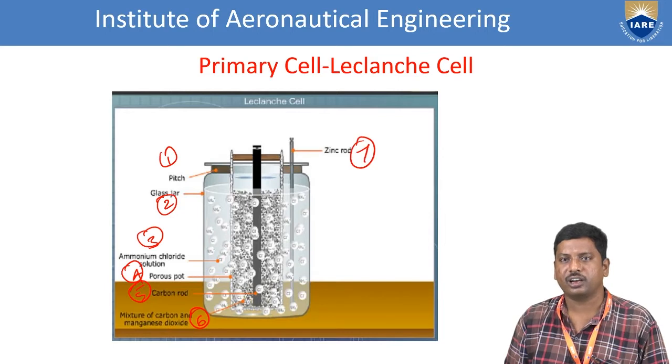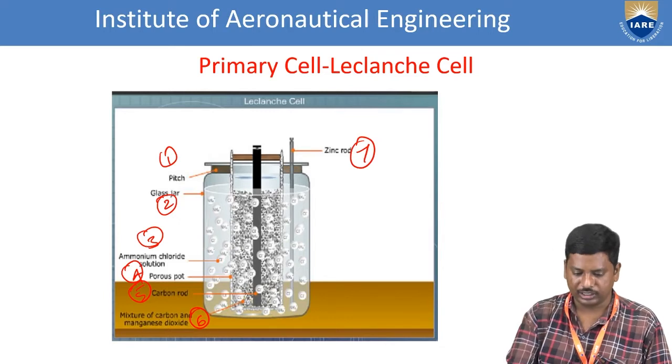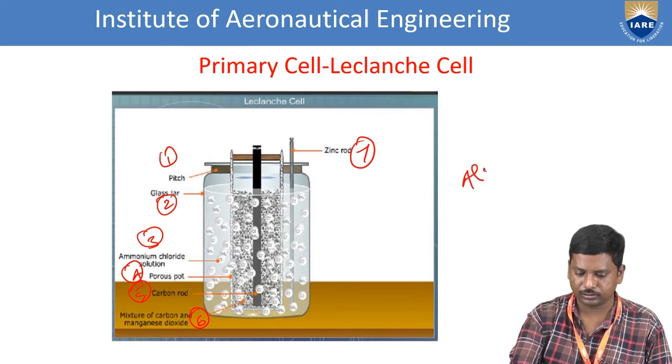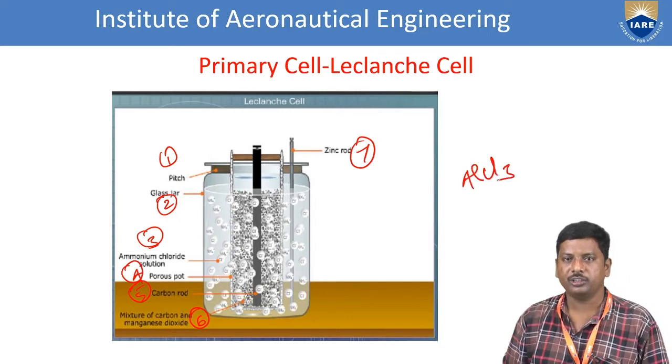The top component, the pitch component, avoids exposure to the outside. The second is the glass jar, which mainly contains the ammonium chloride solution. At the bottom is the porous part, and then the carbon rod, which acts as a graphitic rod.